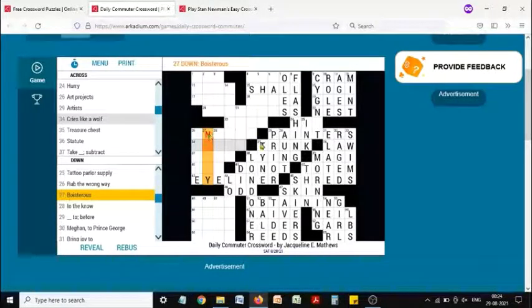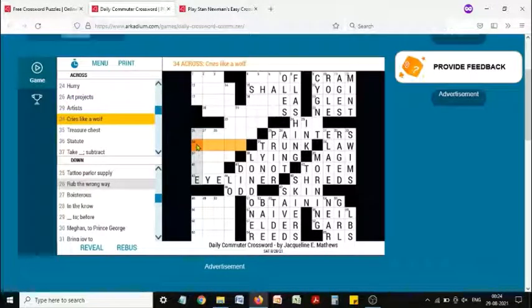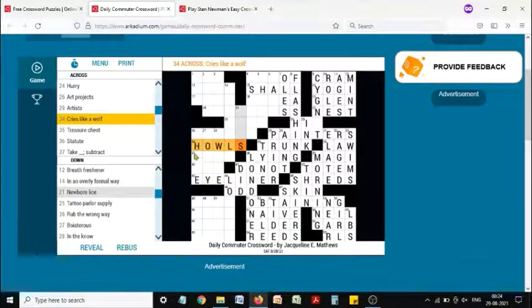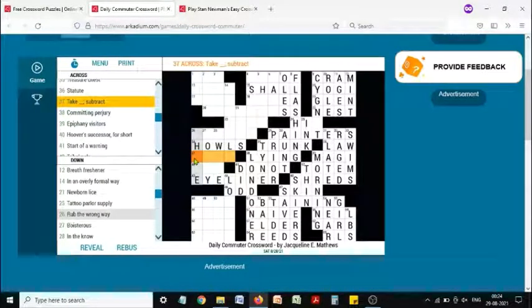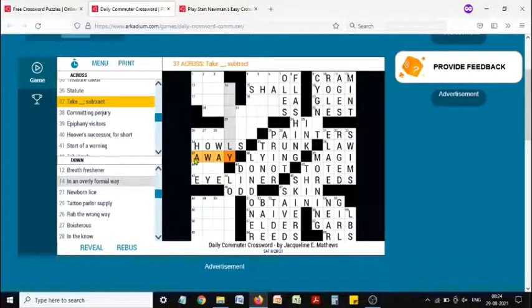Oh, it's not noisy here. In the know. Art projects. Cries like a wolf. So this is howls. Take away is to subtract.